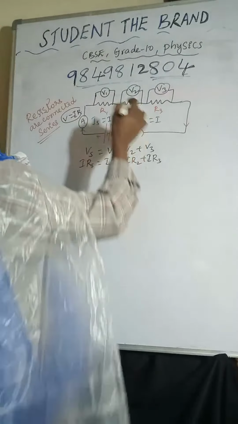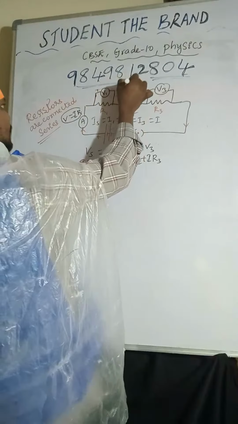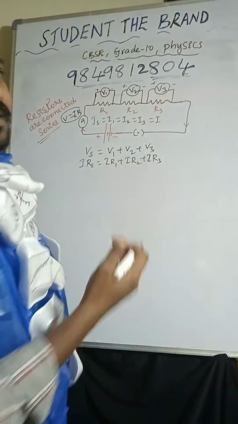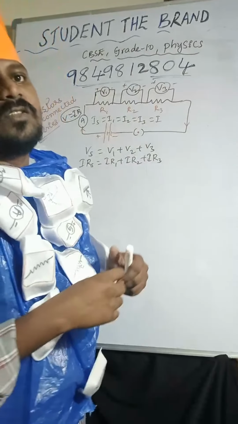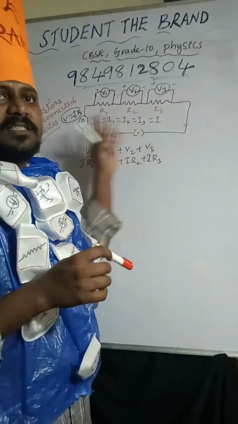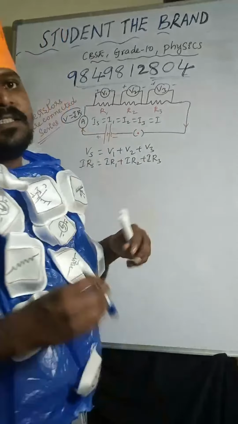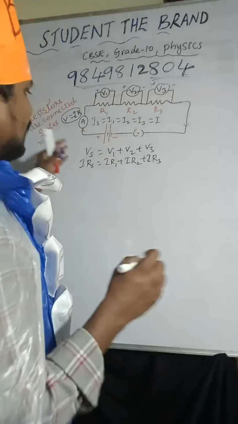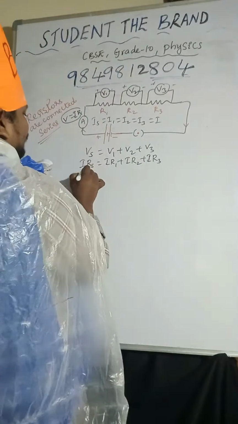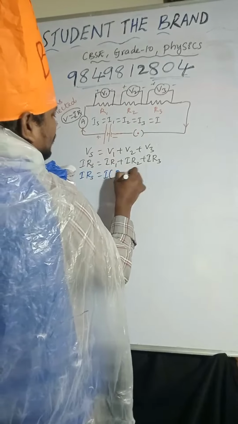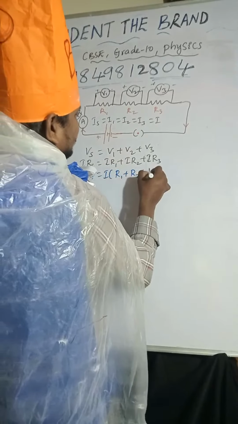So if resistors are connected in series combination, current is the same. The physical quantity which is constant in series combination is current. So we can take I common: I RS equal to I times R1 plus R2 plus R3.